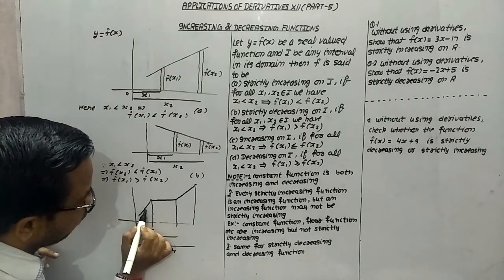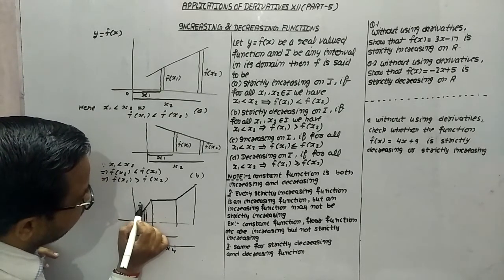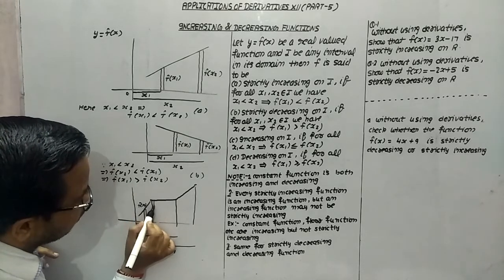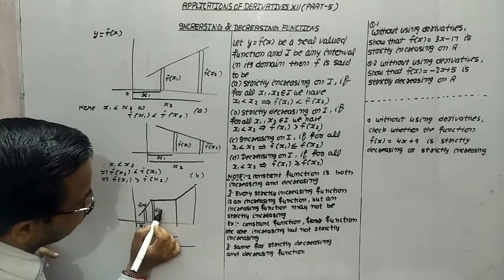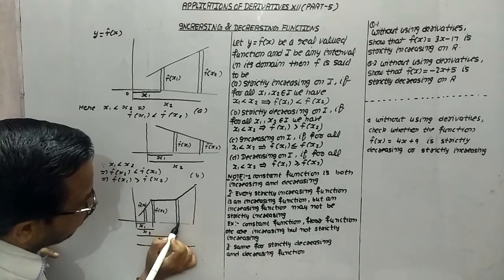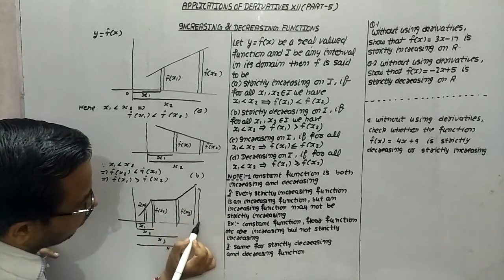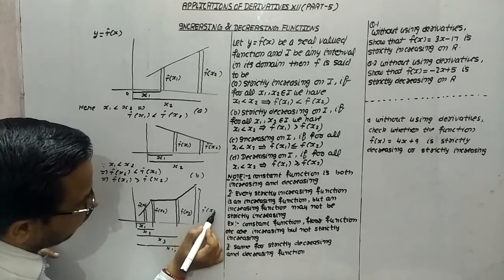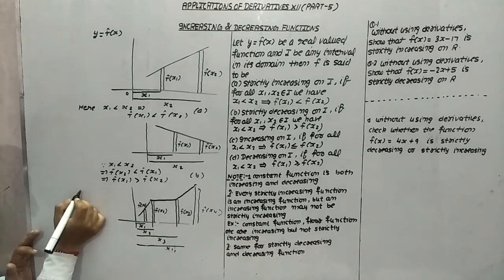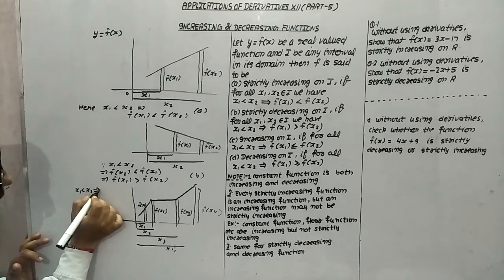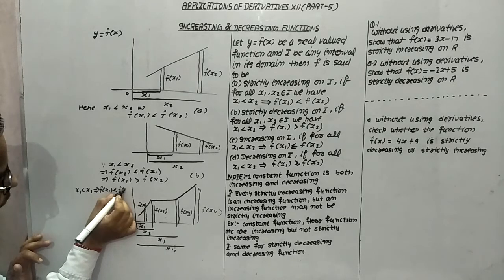Corresponding to these, we get f(x1), f(x2), f(x3) and f(x4). Now what we are observing here: x1 < x2 implies that f(x1) < f(x2), looking height wise.